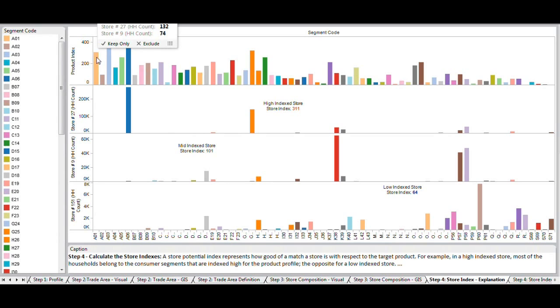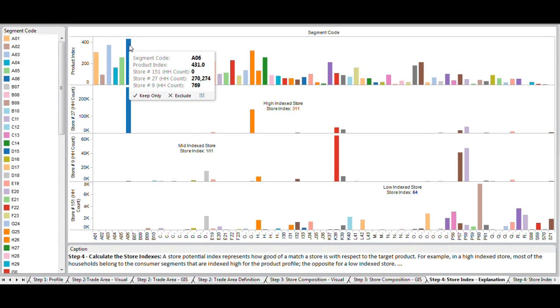So this is the profile of the product that we looked at in the previous step, where the number one segment was A6 and there were other strong segments here in the middle. And then here we have the number of households in each of the three stores that we analyzed visually, and we saw how each of those stores had a composition of customers.